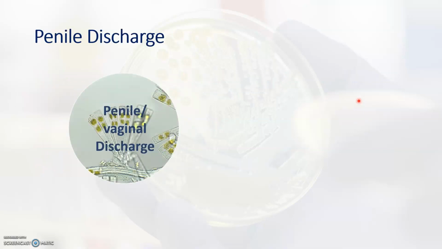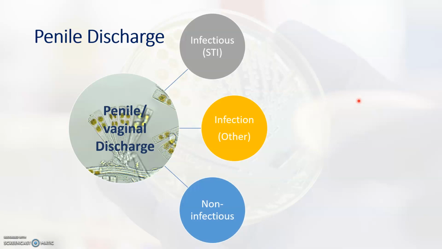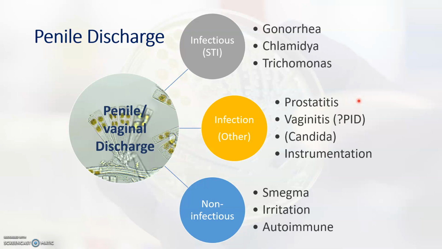Okay, so when we're thinking about penile and vaginal discharges, they can be sexually transmitted infections, other infections, or non-infectious causes. The sexually transmitted infections would include gonorrhea, chlamydia, and trichomonas.